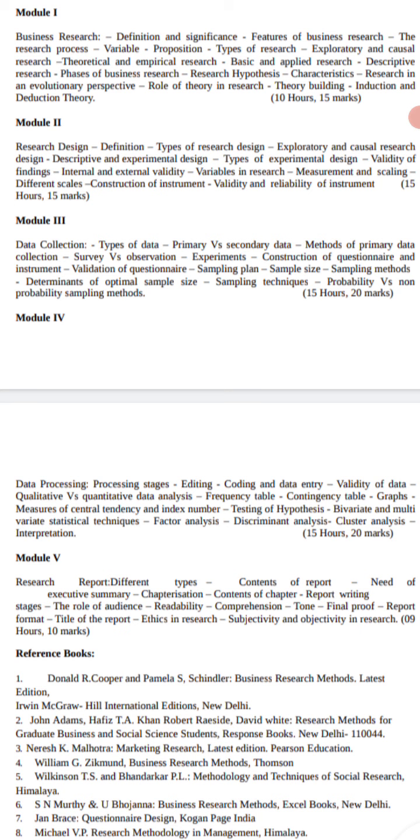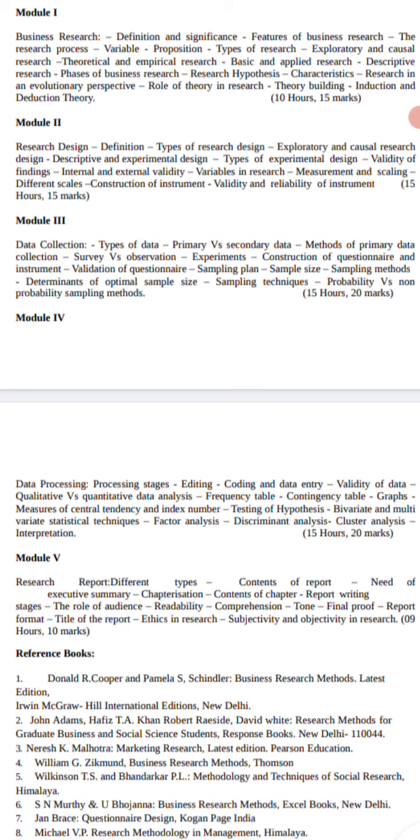Now the fourth module is, after collecting the data, you have to process it. So the fourth module is about data processing. So processing stages, then editing, coding and data entry, validity of data, qualitative versus quantitative data analysis, frequency table, contingency table, graphs, measures of central tendency and index number, testing of hypothesis, bivariate and multivariate statistical techniques, factor analysis, discriminant analysis, cluster analysis, and interpretation.